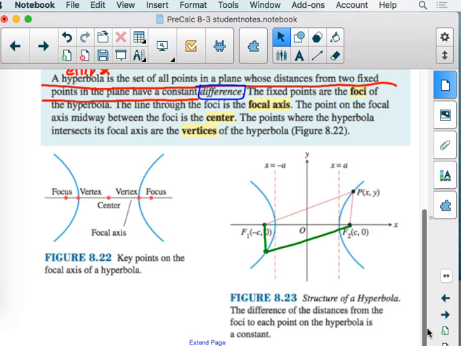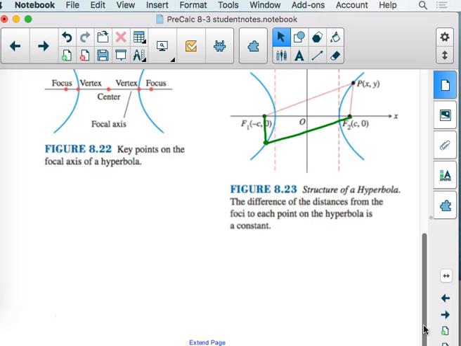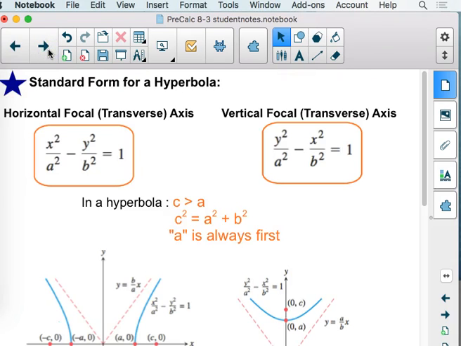And what I did, I just did on purpose. Moved it like a parallelogram there so that you can see, hey, we could use this, and if we went back to geometry, we could do a lot of stuff to show that things are going to be congruent here. But it does work for any points on the hyperbola. So like it says, that's the structure of a hyperbola, and that difference between those two pieces, those two distances, is constant.